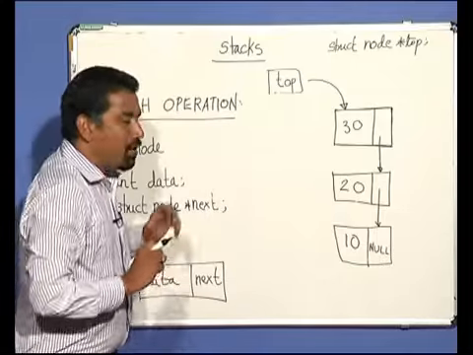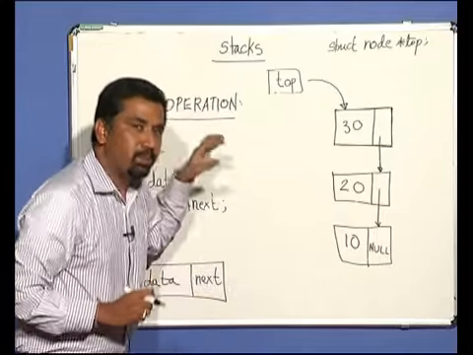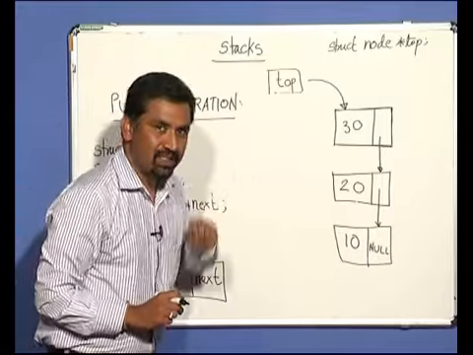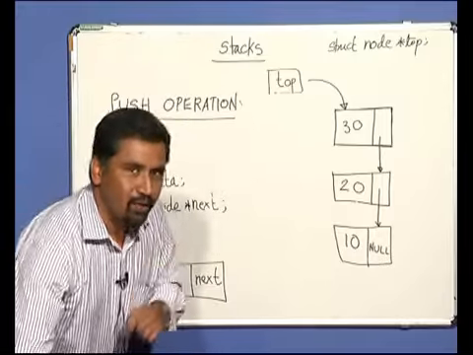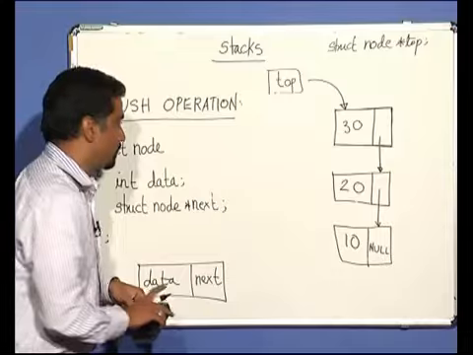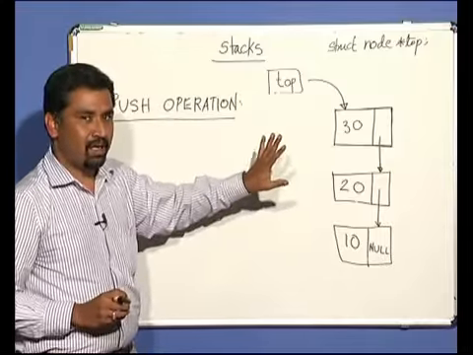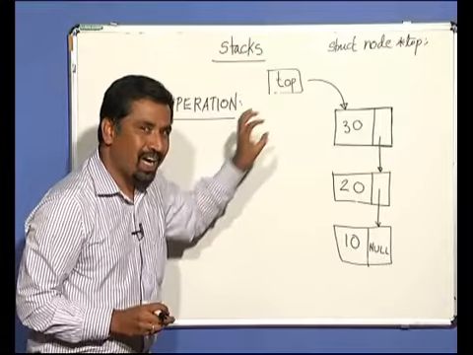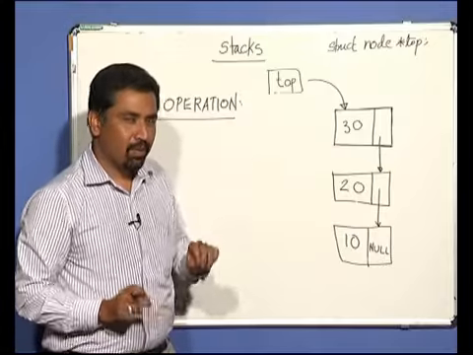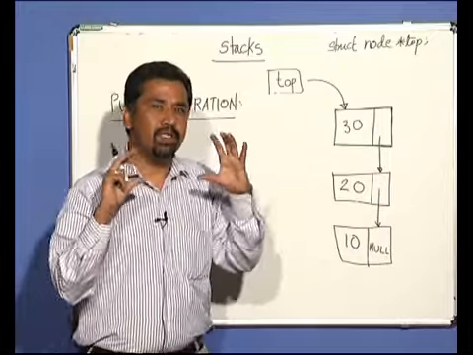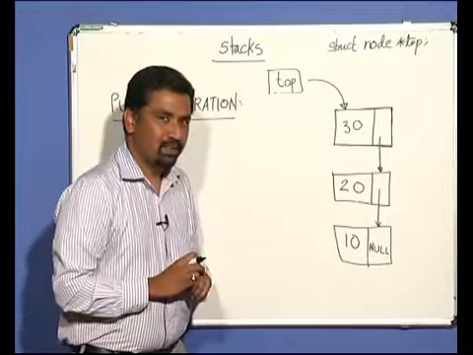Now how do I carry out the push operation into this existing stack? That's what I would like you to clearly look at. Before we write any code, let us try to physically understand how to push or insert one more node. What does the push operation do to this stack?